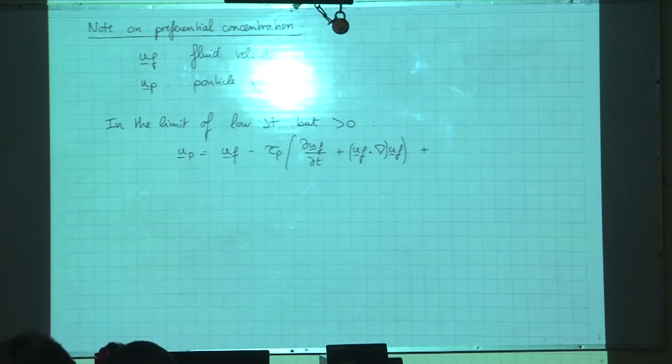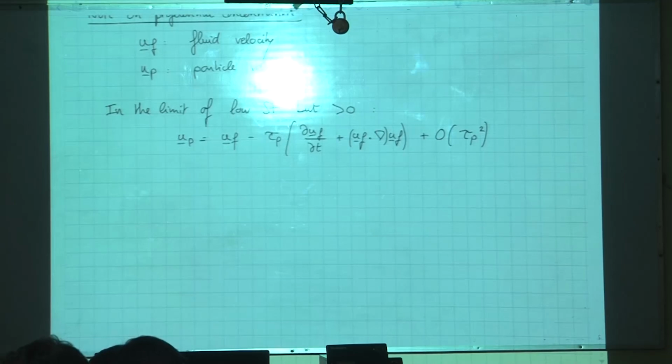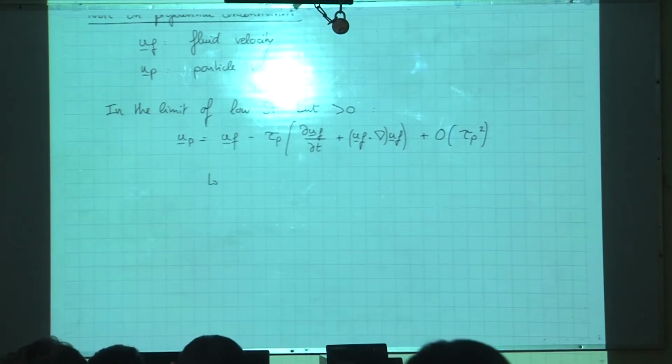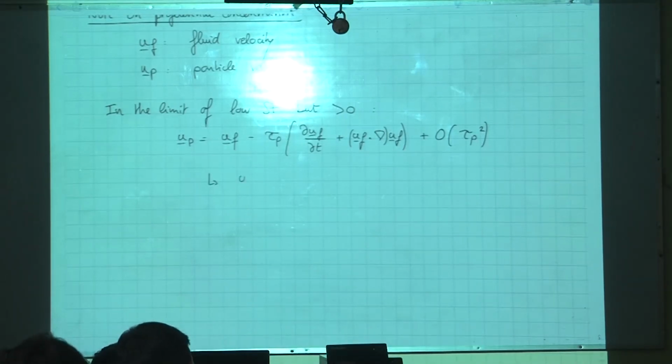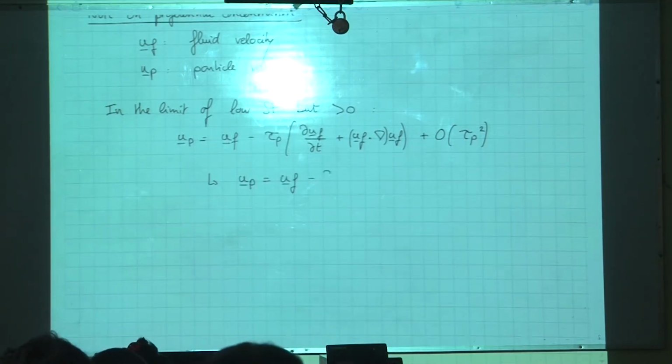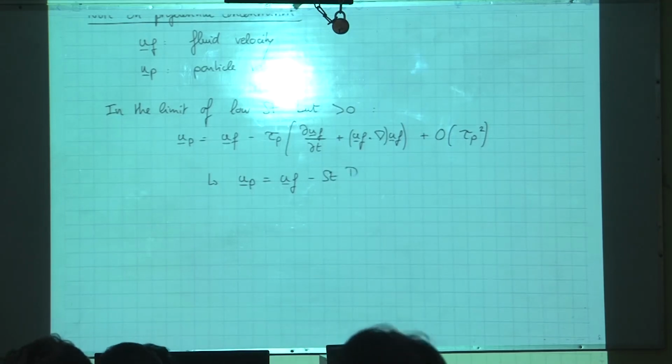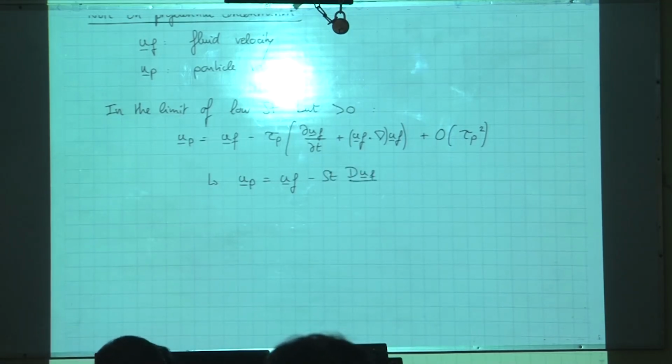And that's a first order estimate, a linearized estimate in terms of the time scale, so that's plus an error of the order of tau P squared. This is written dimensionally. If I want to non-dimensionalize by my time scale, it works the same way. I can write that UP is equal to UF minus the Stokes number times dUF/dt plus an error of order Stokes squared.